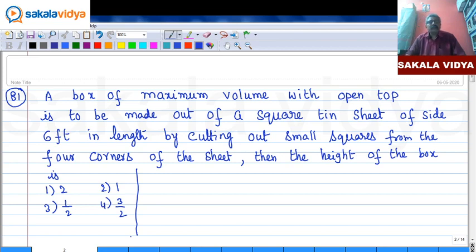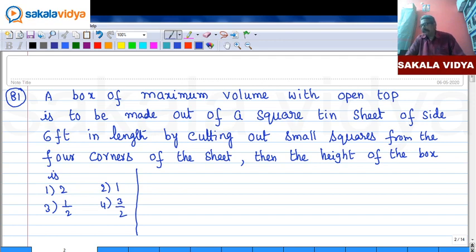You need to write the shortcut like this. Remember, a box of maximum value with open top is to be made out of a rectangle tin sheet whose dimensions are a and b, by cutting out small squares from the four corners of the sheet.